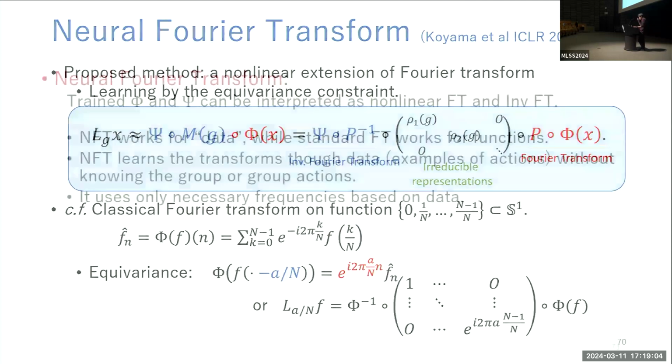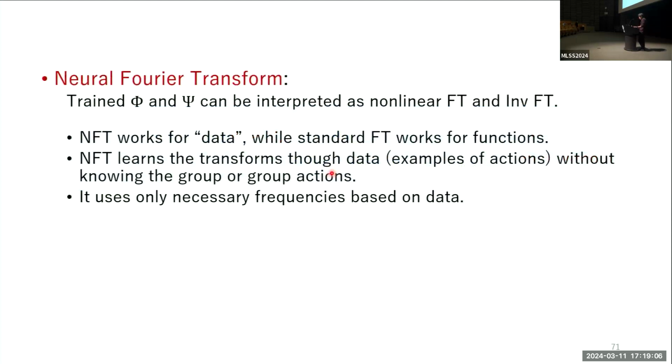And we actually see in the experiment that, for example, if we apply some nonlinear transform, we can recover the original spectrum of the signal. That's also possible. And we call this method the neural Fourier transform.